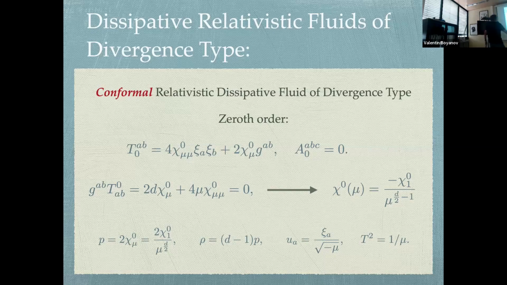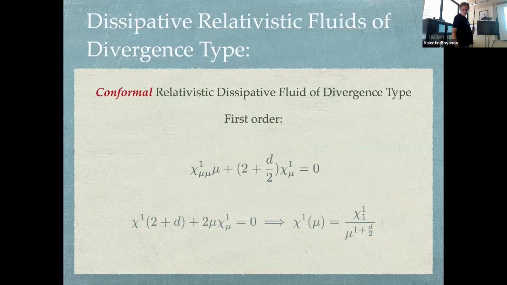And this mu becomes one over the square root of the temperature, and the u is the velocity of the fluid. If you go to first order, you get this equation for the T, and this equation for the A, and you get again that the function is totally determined. There's just some constant value, and that's it.